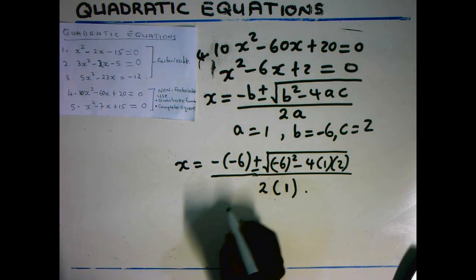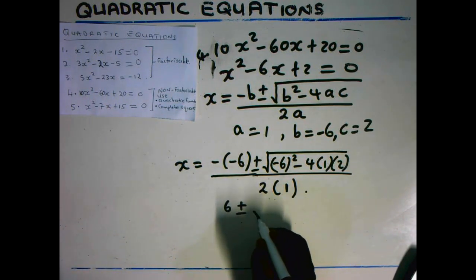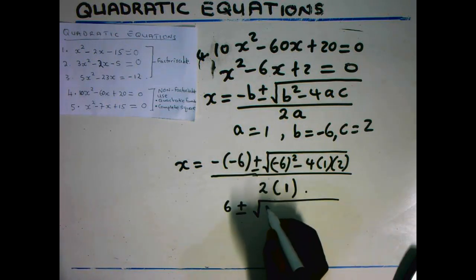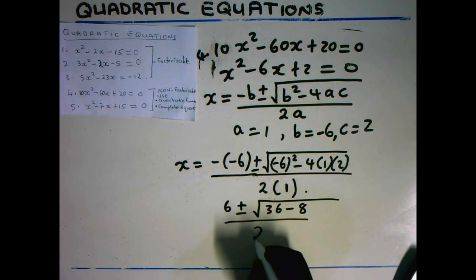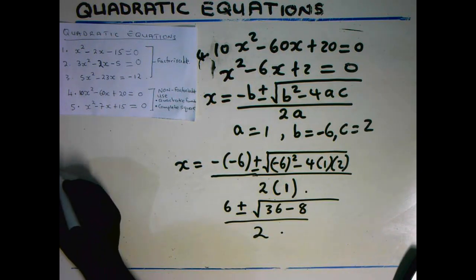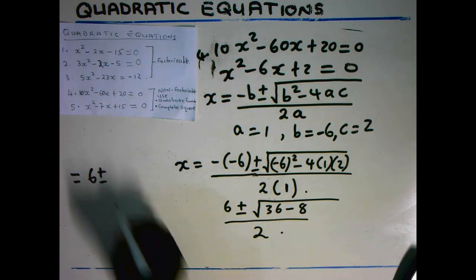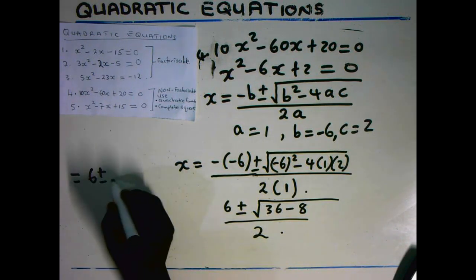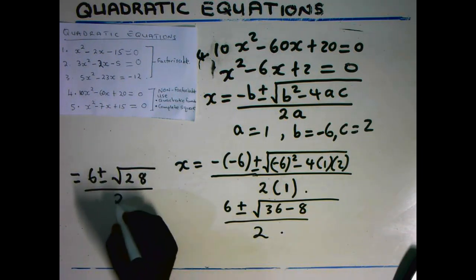So this will give you 6 plus or minus the square root of 36. You see, 6 squared is 36, minus 8, over 2. Very simple. Which is equal to, carrying it over to this side, 6 plus or minus the square root of 36 minus 8, which is actually 28, over 2.